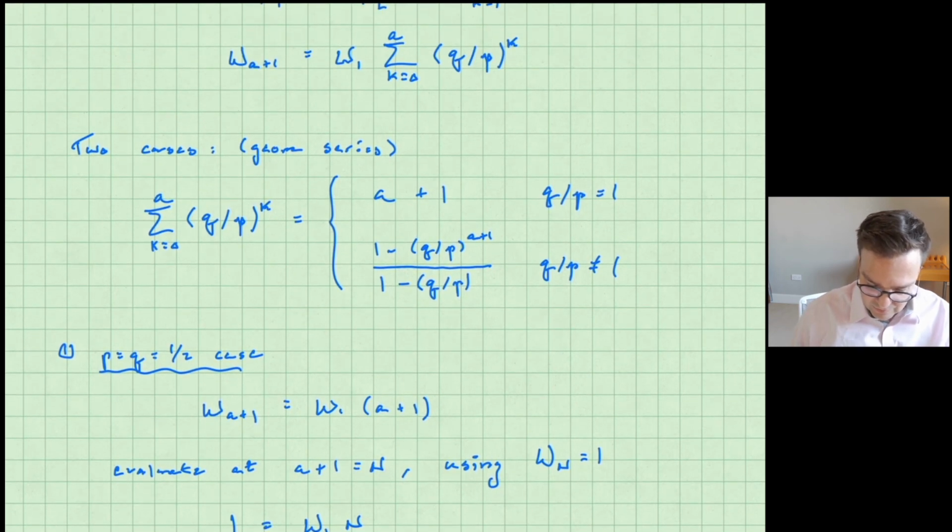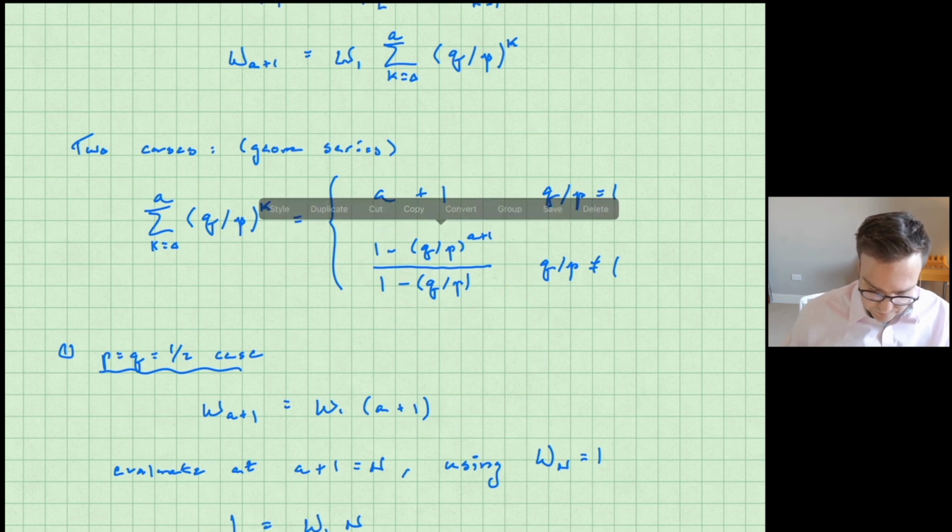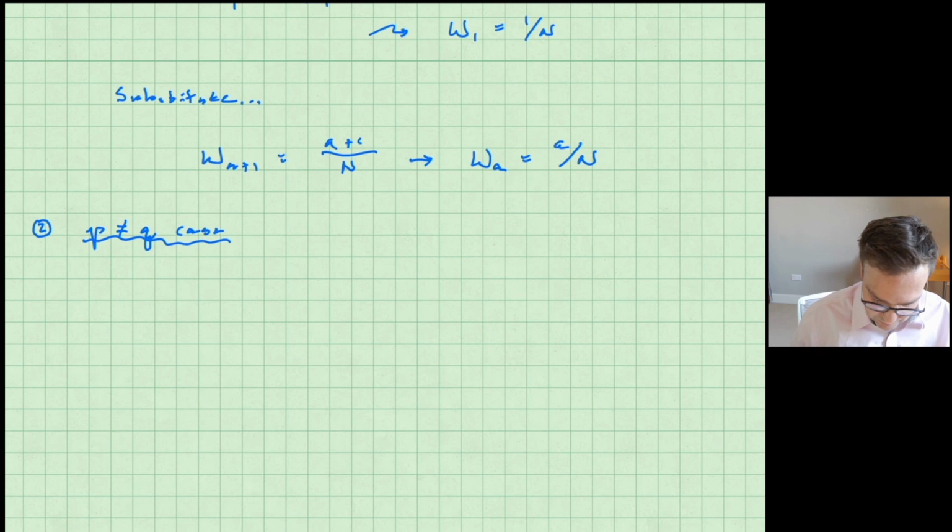On the left-hand side is W_{A+1}, and W1 times this whole mess here. So why don't I just copy that? W_{A+1} is equal to W1 times all that stuff.